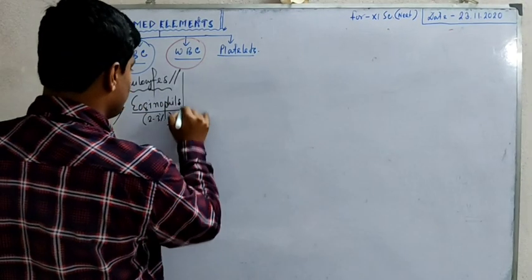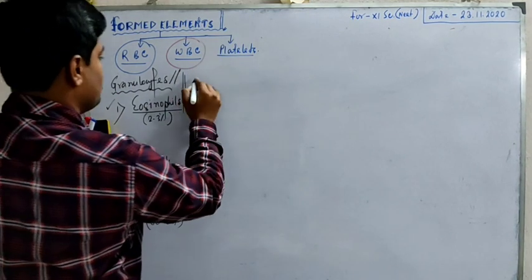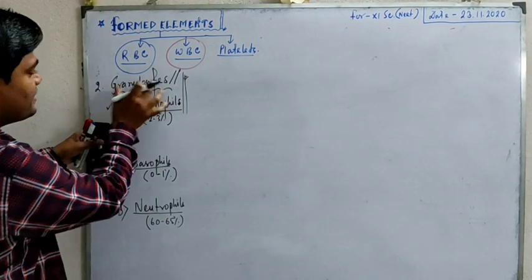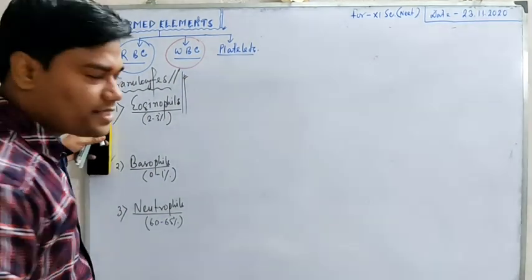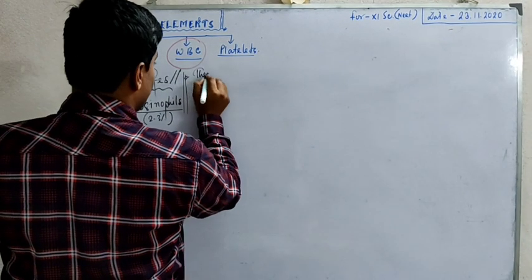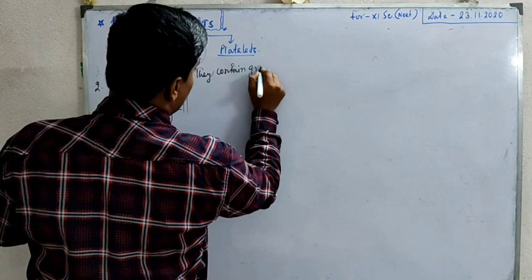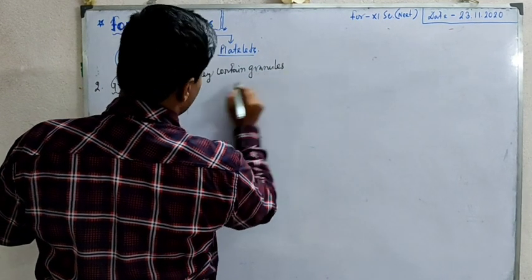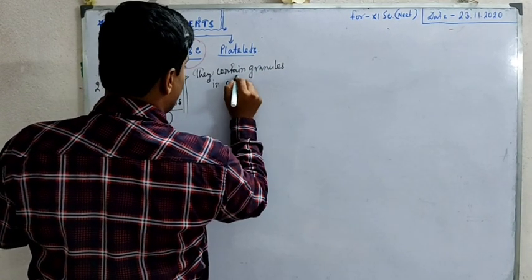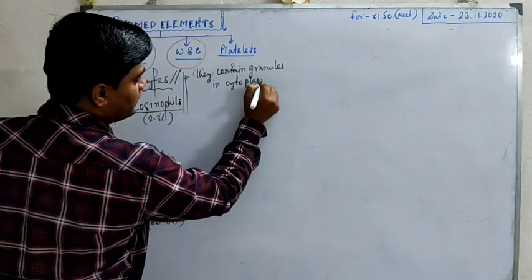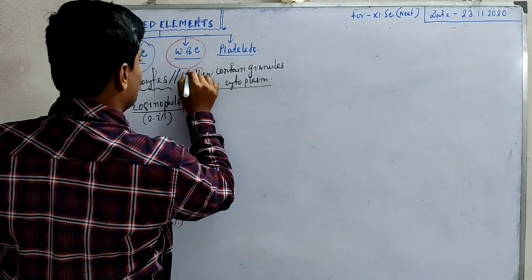Let us go to the description. Eosinophils are a type of granulocyte, so they contain granules in cytoplasm.